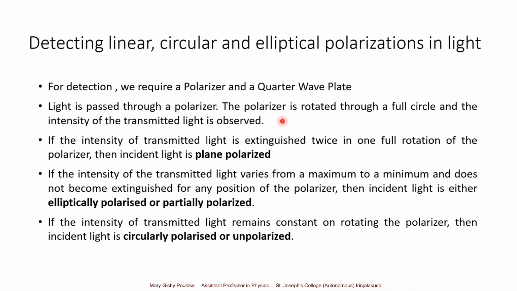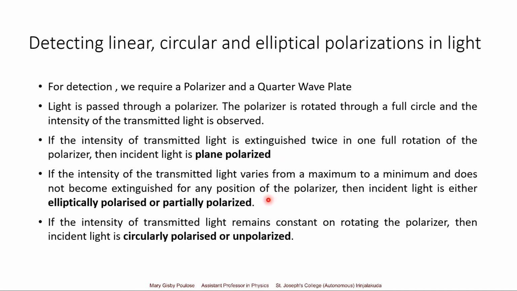Then the polarizer is rotated through a full circle and we observe how the intensity of the transmitted light behaves. If the intensity of the transmitted light becomes zero twice in one complete rotation of the polarizer, then that incident light is plane polarized.